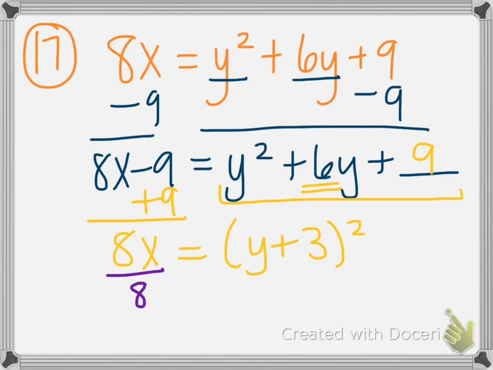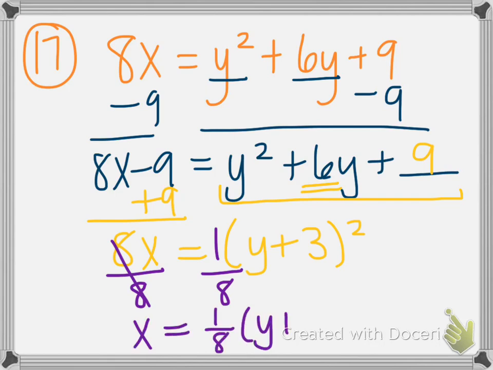Now this is going to be a little bit weird, but I don't actually divide the stuff inside of the parentheses by 8. I actually divide the coefficient of the parentheses by 8. And since there's no number out there, I'm just dividing the coefficient of understood 1 by 8. So I get x equals 1/8 times y plus 3 squared.